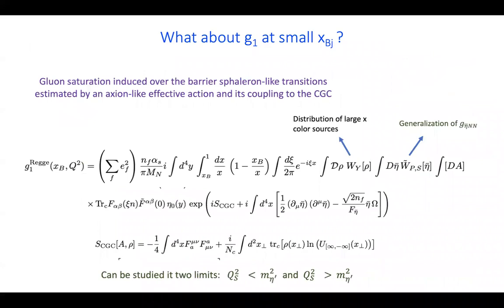Okay, and so if I write down now this effective action, it has this more non-trivial form. This is generalizing the work of Venugopalan and others, including this kind of term that I mentioned here. And because you have this temperature scale, you can study it in two different regimes, where this scale is less than the eta-prime mass or much greater than the eta-prime mass.